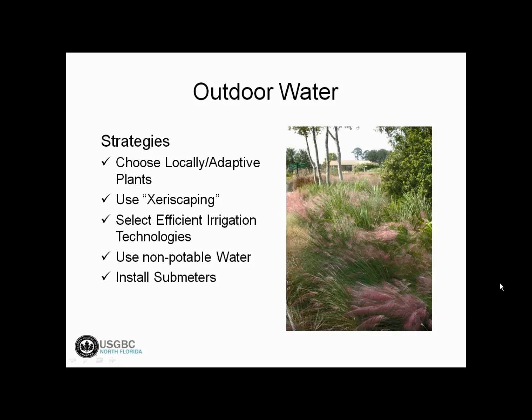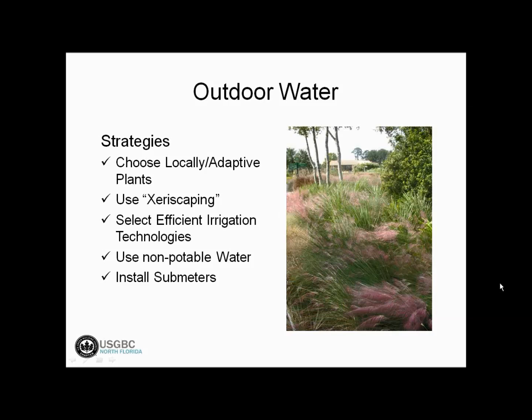But if you do have plants that need irrigation, then strategies go to high efficiency, like drip irrigation or something that uses far less water, minimizing how much of it is evaporated as it's sprayed. Try not to put water on the sidewalks and get it on the plants. Simple, logical, common sense stuff.